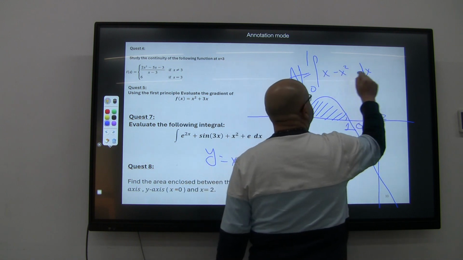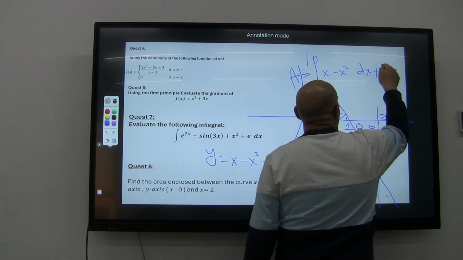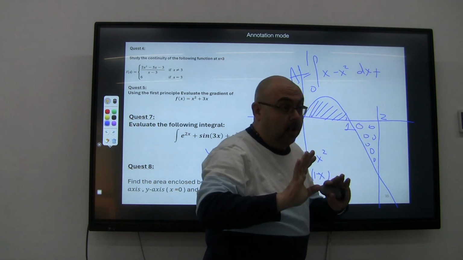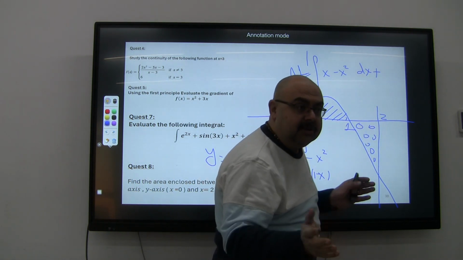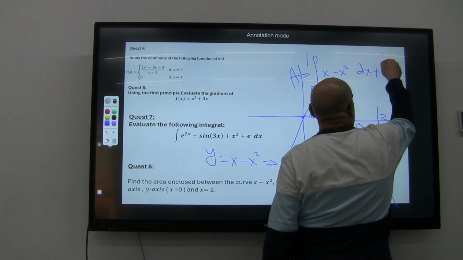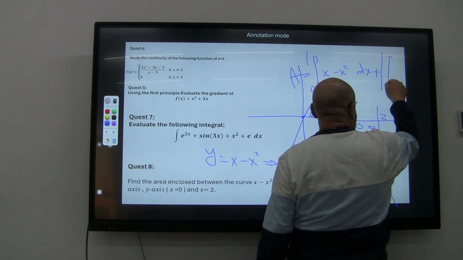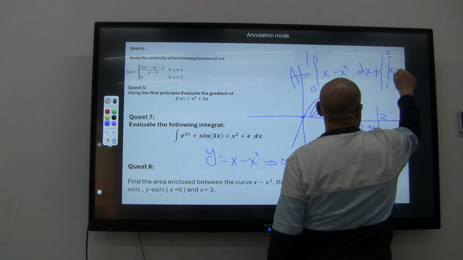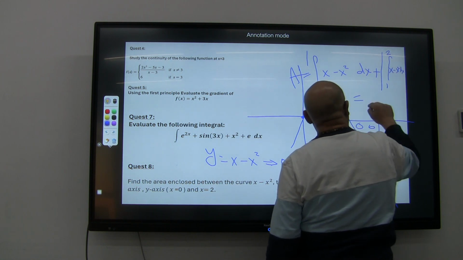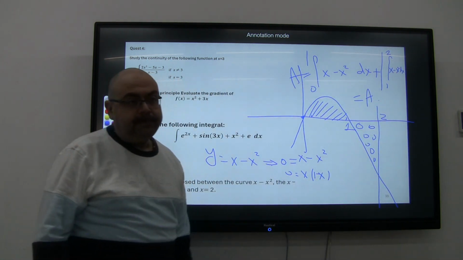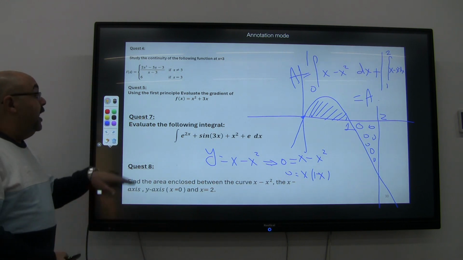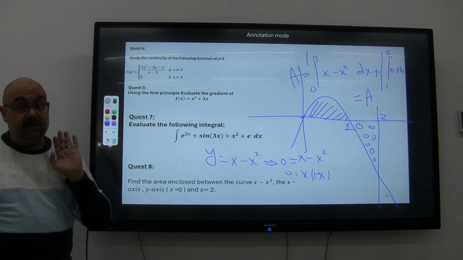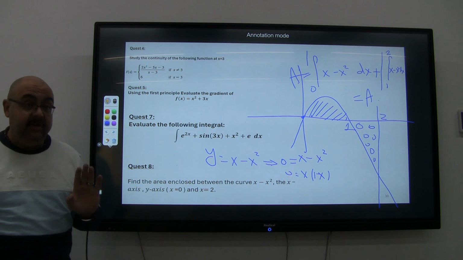So simply, this value will be plus the absolute value, or minus the given function. It's really up to you. So plus an absolute value of the integration from 1 to 2 for the same function, which is x minus x squared dx, you will get the required value. You will have to resolve all of this by hand. This is really very important.